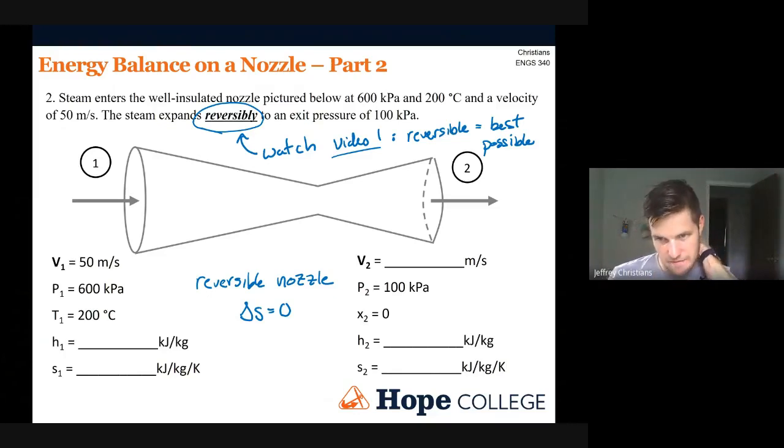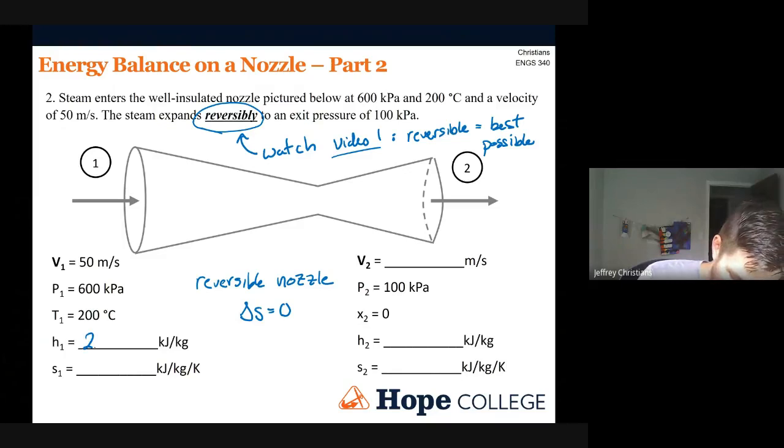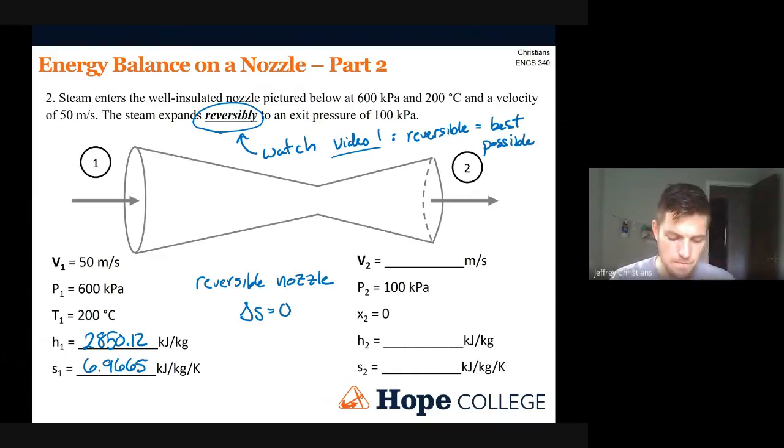So we would still have the same inlet conditions. The inlet enthalpy is still going to be 2850.12 kilojoules per kilogram. The inlet entropy is still going to be 6.9665 kilojoules per kilogram Kelvin.